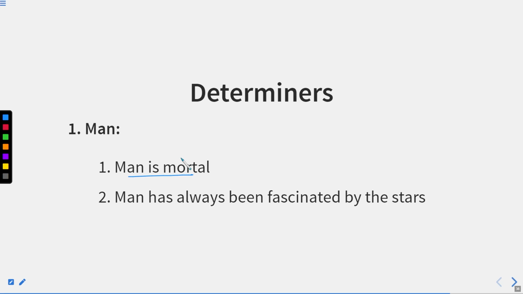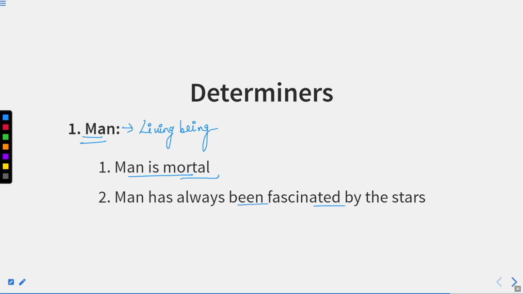I'm talking about every living being. Here, man does not refer to boy or the man or the male person only. No. In fact, here man is showing the living beings or the living organisms. So every living being has to die one day. That is mortal. So here I'm using man as the whole. So I cannot use the before it.